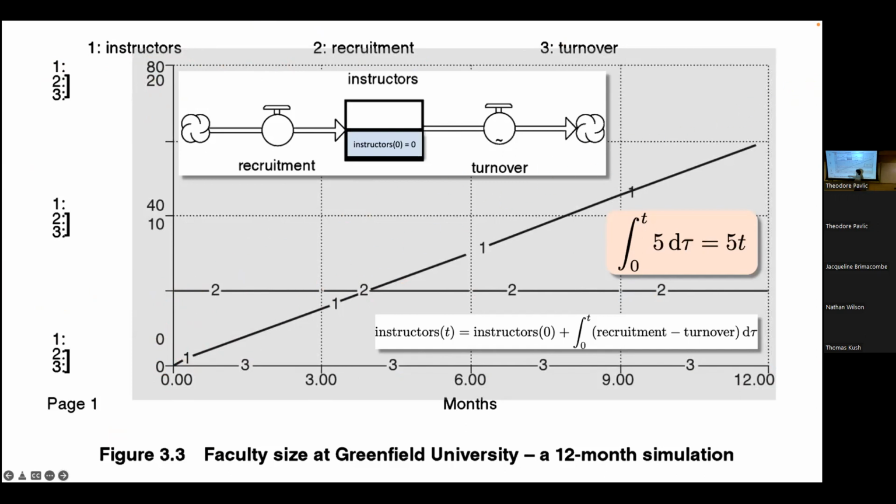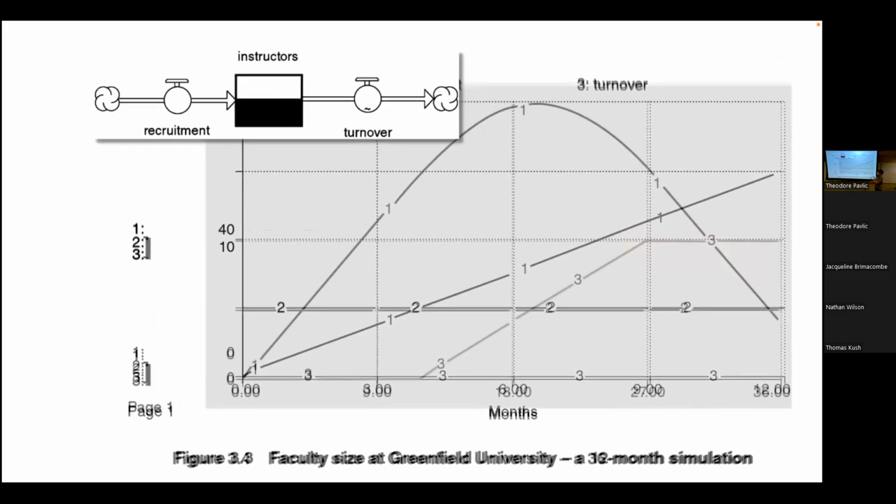So if I go over 1 unit, in the instructor units, it will go up 5. If I go over 10 units, which is around here, it should go up around 50. And if 80 is up here, then 50 is about down here, which is exactly what we see. So this is doing exactly what we would expect. It's a relatively simple thing.